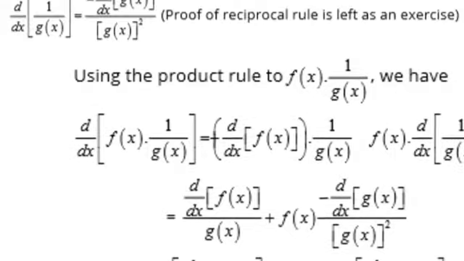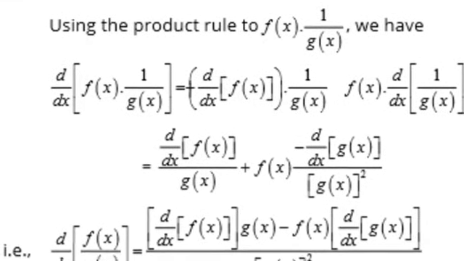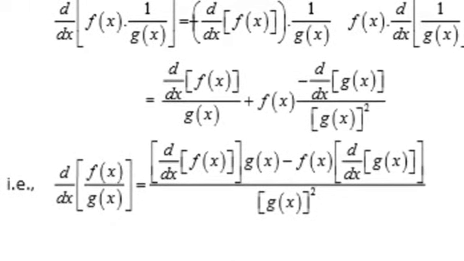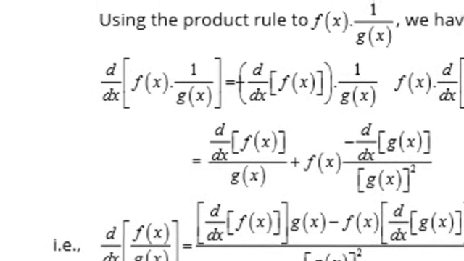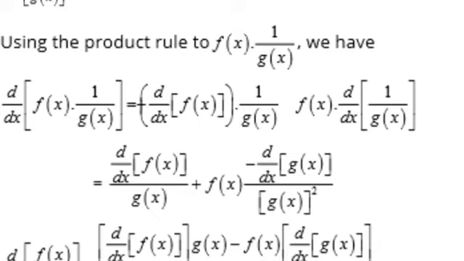Using the product rule, f of x dot 1 over g of x. We can also use the product rule to prove the formula. In the product rule, we take the derivative of the first plus the derivative of the second.